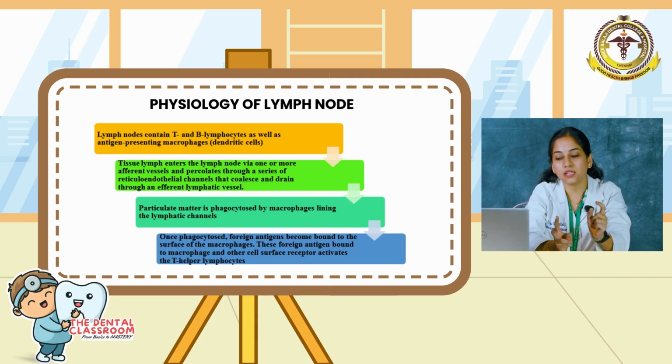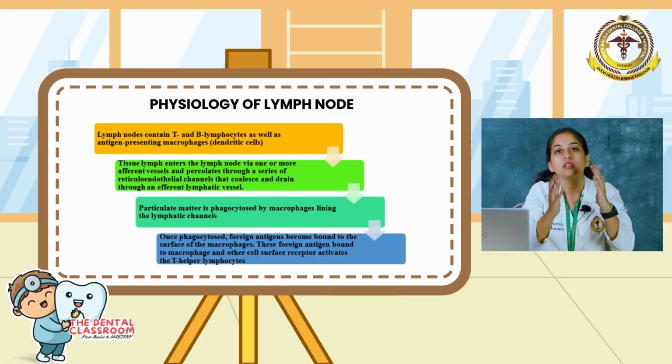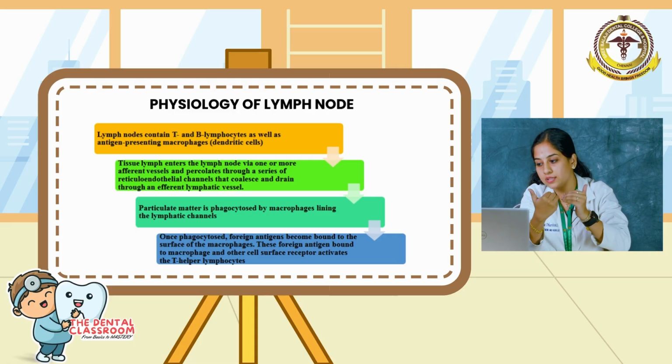A lymph node basically consists of two types of lymphocytes that we know, the T lymphocytes and the B lymphocytes, along with the antigen presenting cells, that is the macrophages, also known as dendritic cells. When the antigen enters the body, the tissue lymph also enters along with the lymphoid tissue.